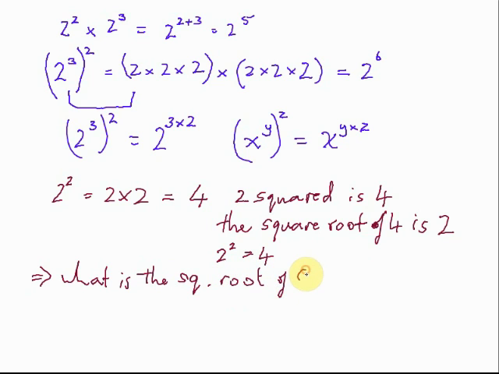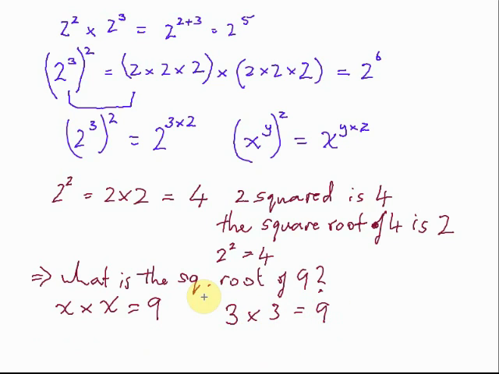of 9. Well, it's the number multiplied by itself, x times x, that equals 9. What number multiplied by itself equals 9? Well, 3 does. 3 times 3 equals 9.